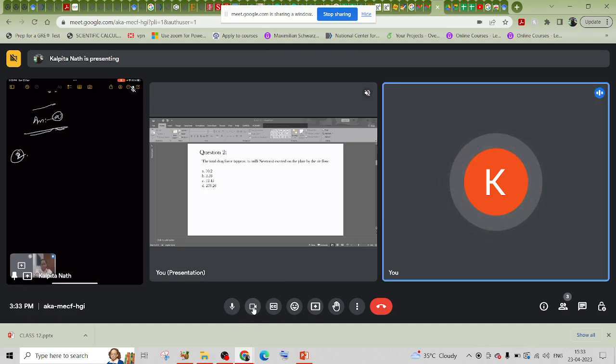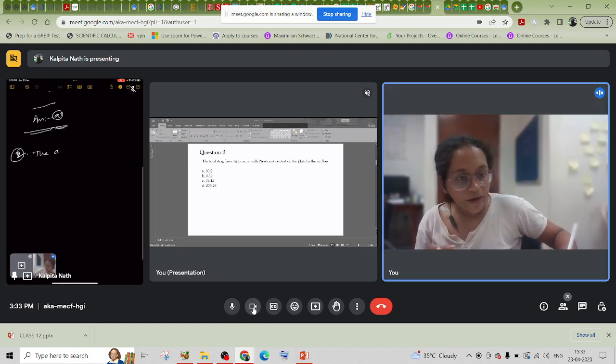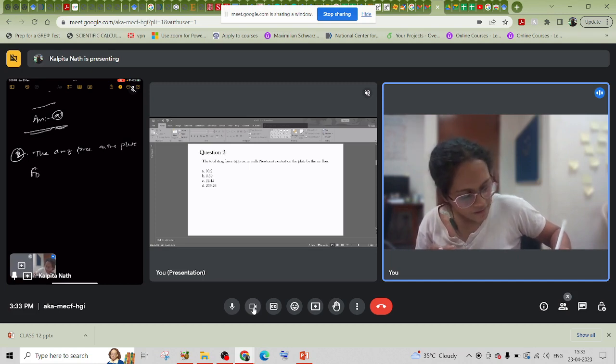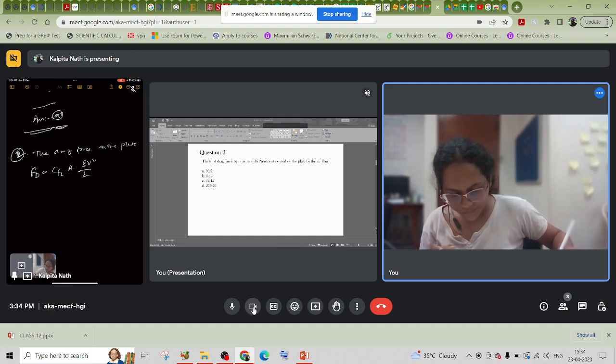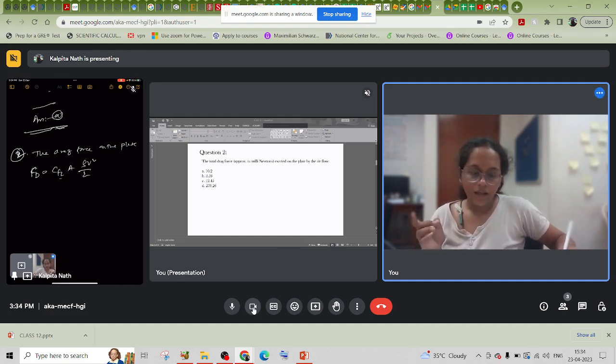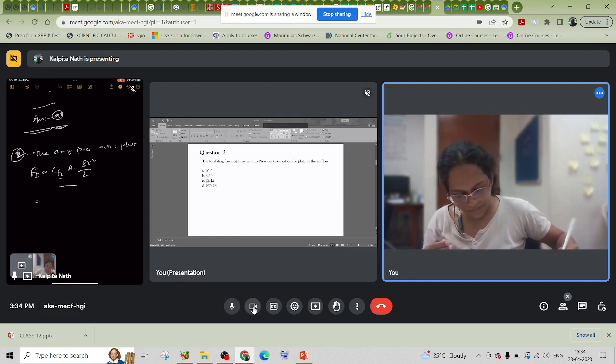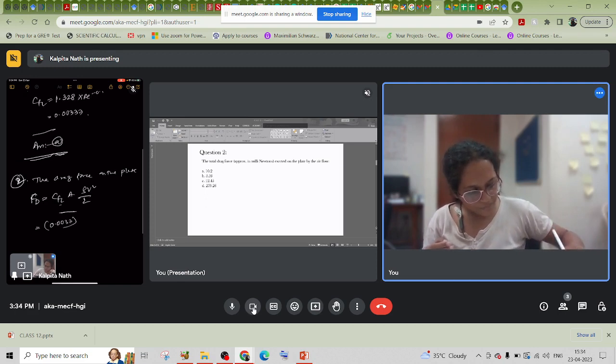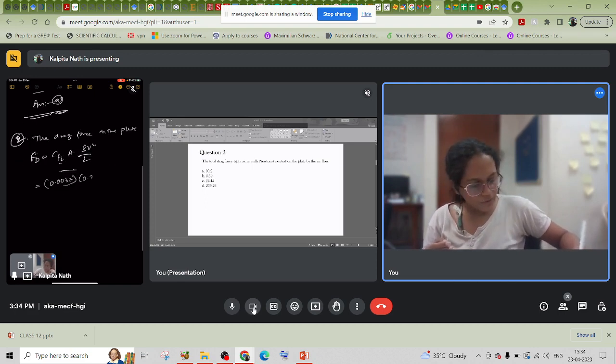Okay, let us proceed to the second question now, where we have to find the drag force. The drag force on the plate is given by FD equal to CFL times area times rho V square by 2, because CFL is FD upon area into rho V square by 2. So we use 0.0037, which we already found out here, and 0.25 into 1 is the area, where 0.25 is the width and 1 is the length.